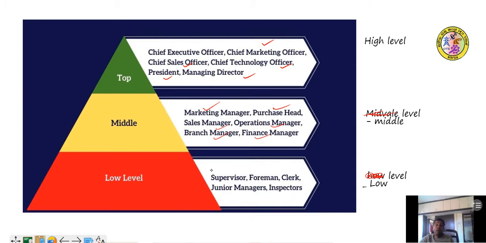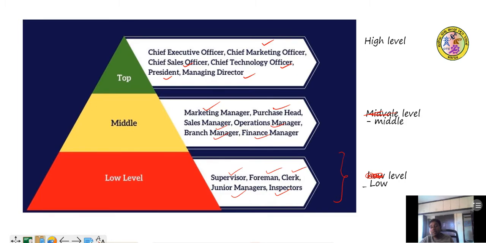Low level management includes supervisor, foreman, clerk, junior managers, and inspectors. These low level managers directly interact with the employees. Top level management and middle level management do not interact with the employees.